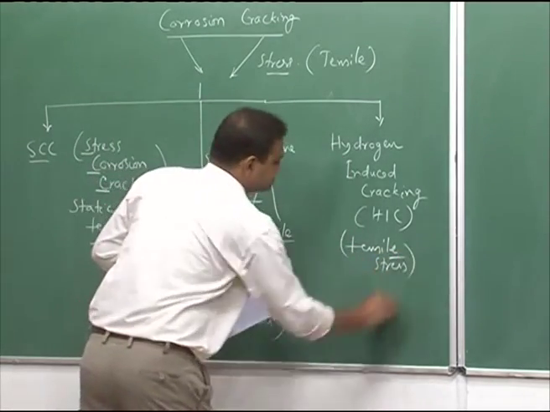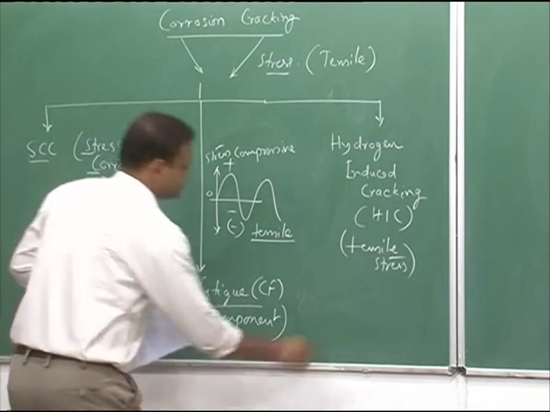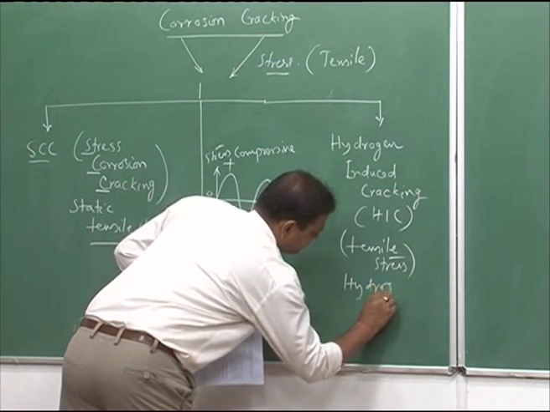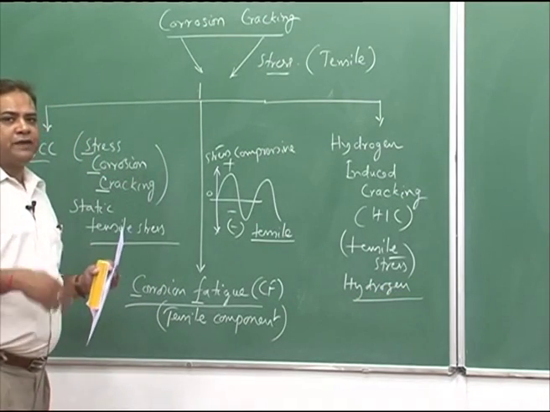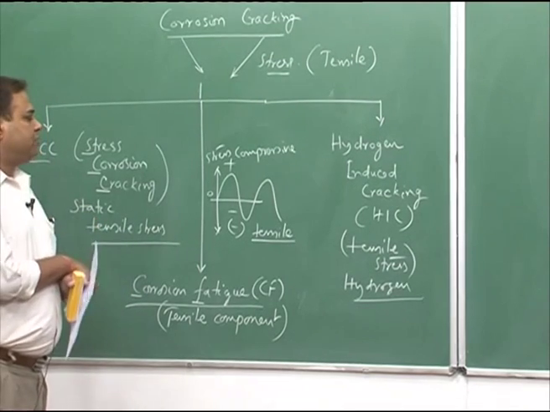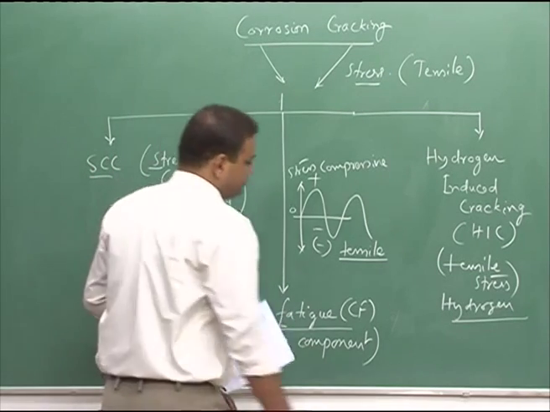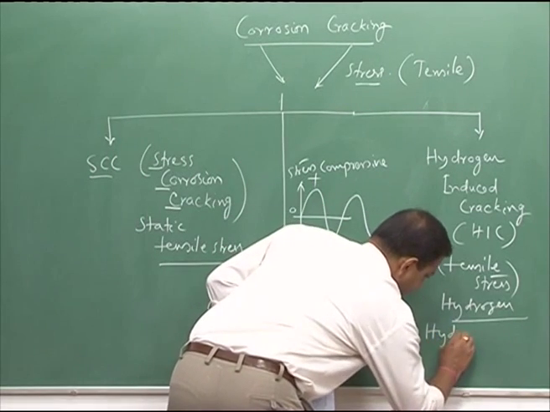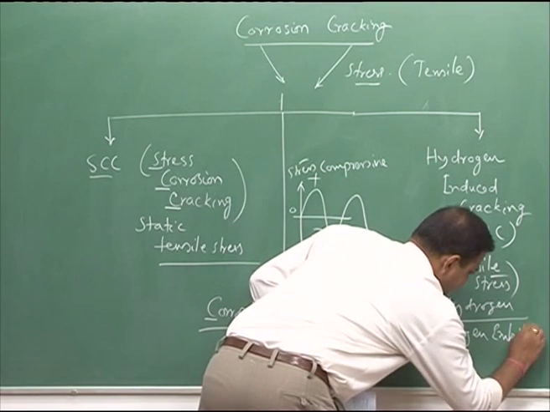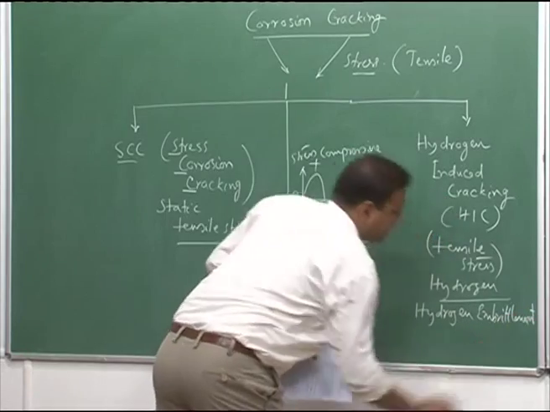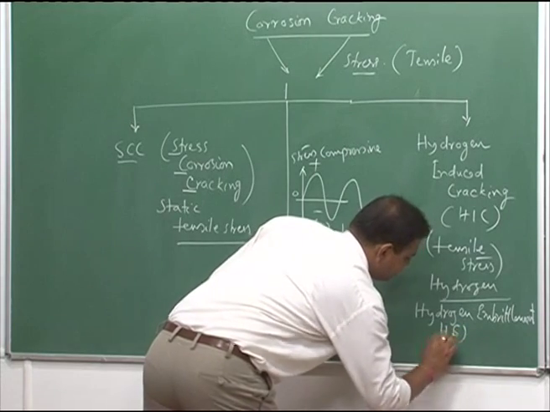It involves tensile stress as well as hydrogen, and this hydrogen is the product of the cathodic reaction that happens on the metal surface. There could be a hydrogen embrittlement phenomenon, or we call it HE.